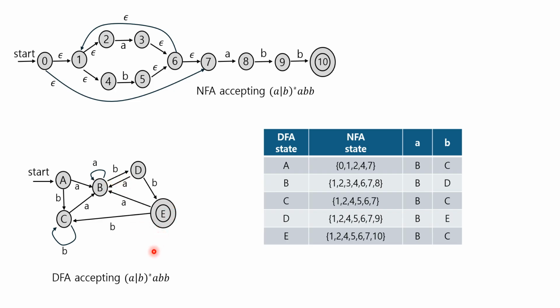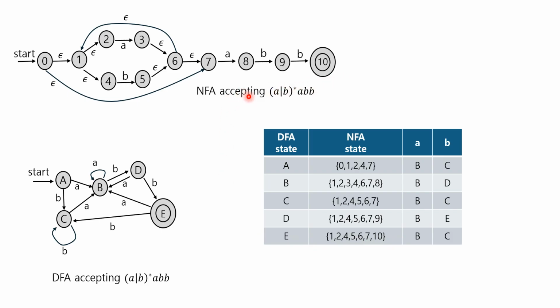So this final DFA can be constructed by repeating this process, and we see that state E is the final state. The final state is the state that contains the final state of the corresponding NFA.